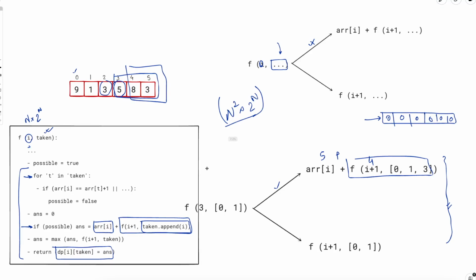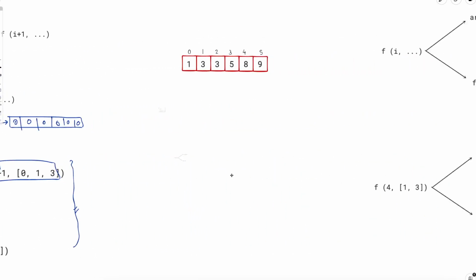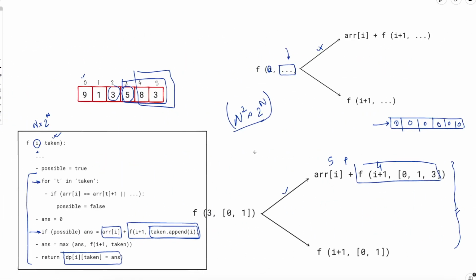So what exactly did we want to optimize? First of all, this part we need to optimize for sure because this is very huge. We can't afford this at any cost. So where is this coming from? This is coming from the fact that you are maintaining a list of elements that you have already taken, right?